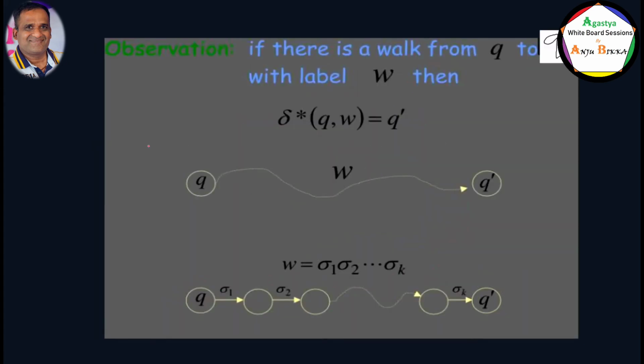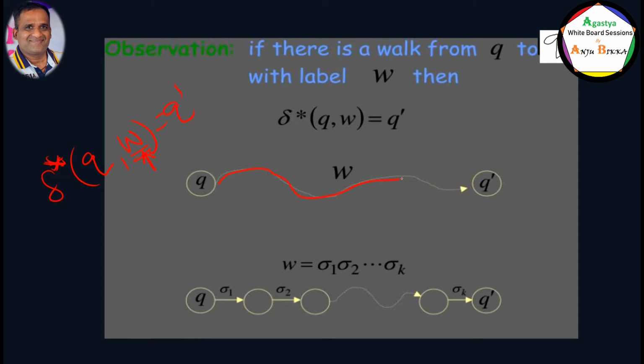Now, this is what we represent whenever we give delta star on state Q with W, ending in Q dash. It means after reading the whole input one symbol at a time, that is important. Then we can say this is a walk.